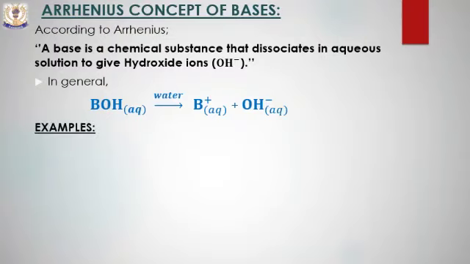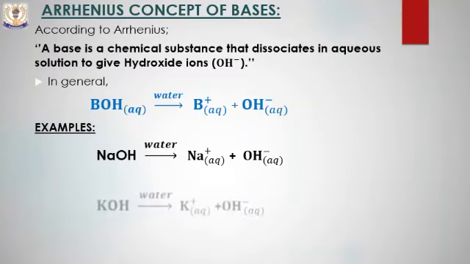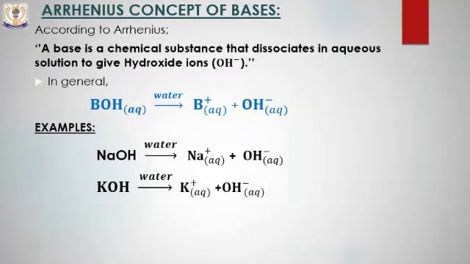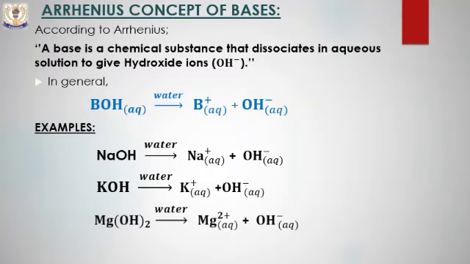Let's see some examples. Sodium hydroxide in aqueous solution produces sodium ion and hydroxide ion. Potassium hydroxide produces potassium ion and hydroxide ion. Magnesium hydroxide produces magnesium ion and hydroxide ion.